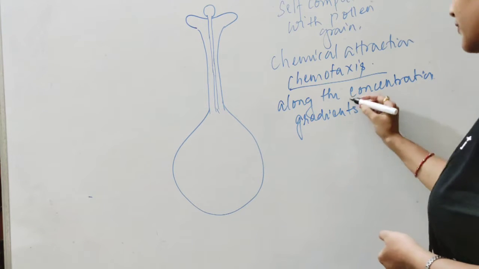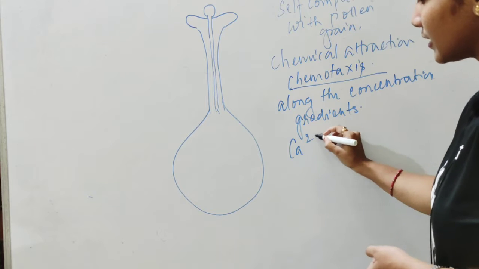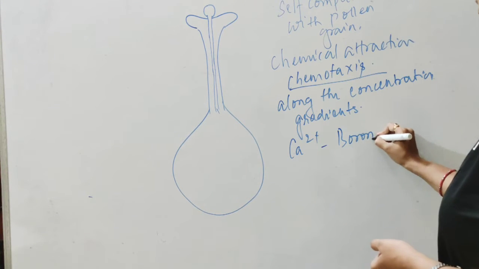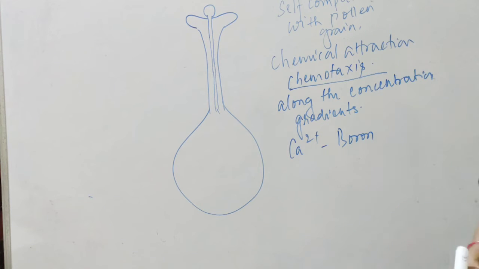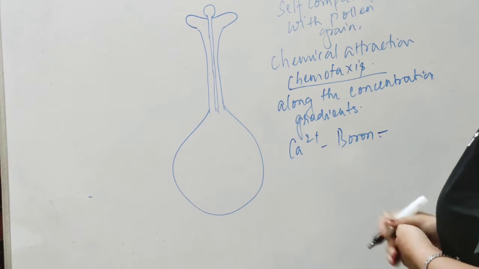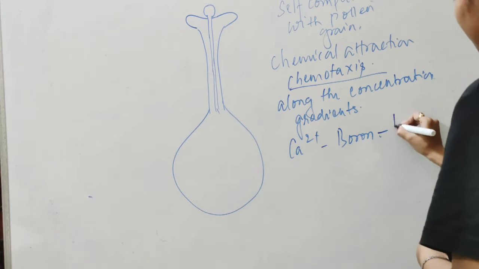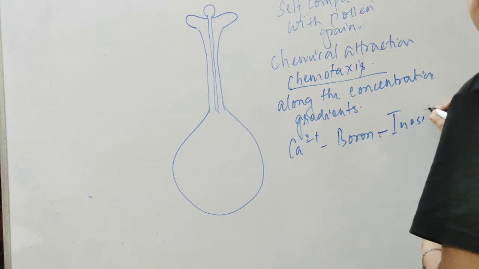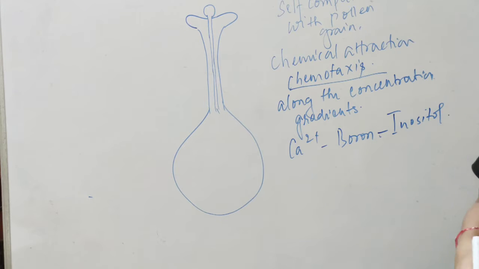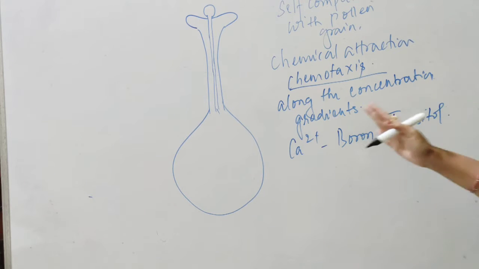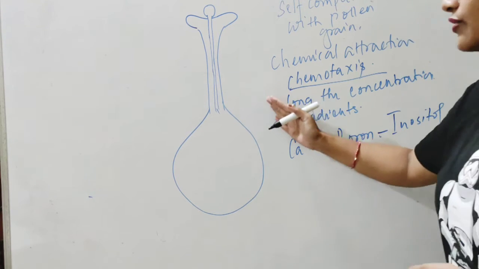The most important of them are, one, your calcium ions, then you have boron, the amount of boron that is present, and third and the most important, inositol. So these are the three most important things which together make up the whole of this concentration gradient.